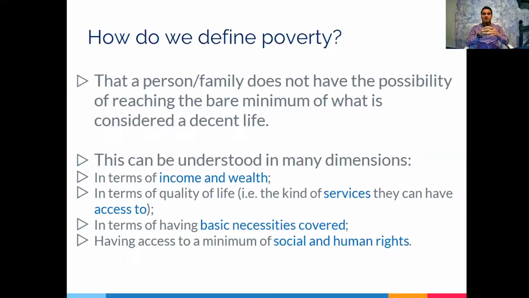Because even if they are placed into some paper, and by paper I mean the constitution or some law, that doesn't mean necessarily that you're actually exercising them, and there's a huge leap between what is written in a constitution and what actually happens in reality. So all of these things need to be there in order to actually get people out of poverty.